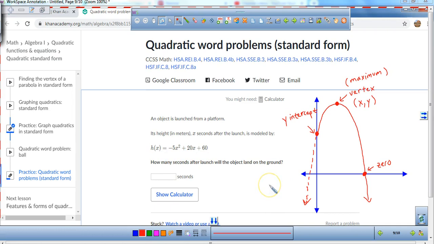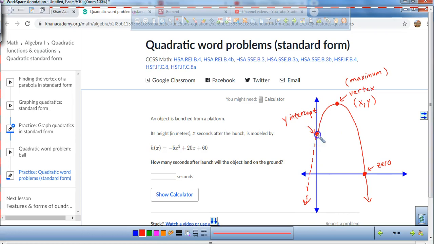We're going to figure out what this problem is asking us to find, because the 3 points that are going to be the most important points for you to figure out on this graph is, are they asking you to find the y-intercept? Are they asking you to find the x value or the y value of the vertex? Or are they asking you to find the 0, where the graph actually hits the x-axis? Okay? And so the words are really important.